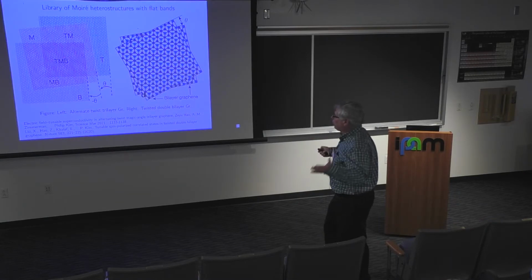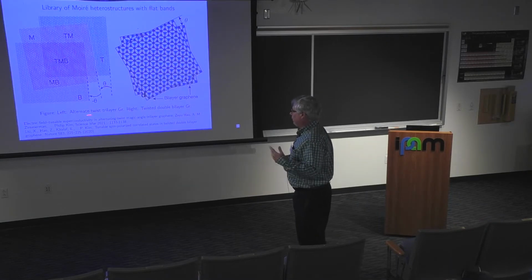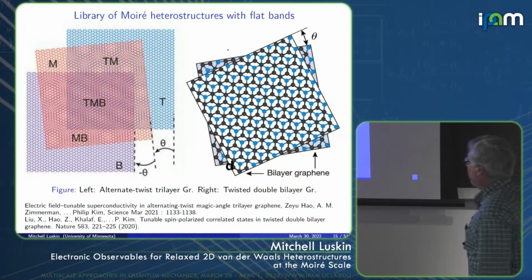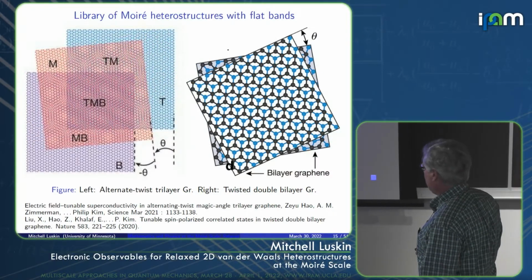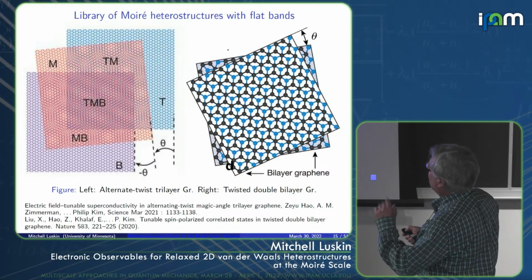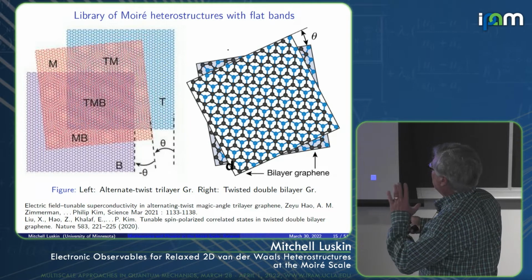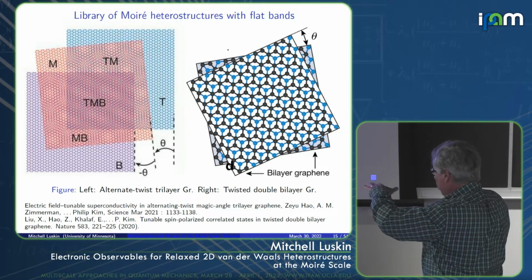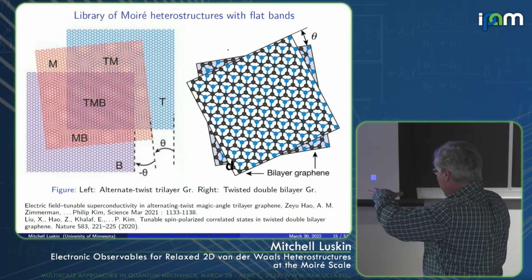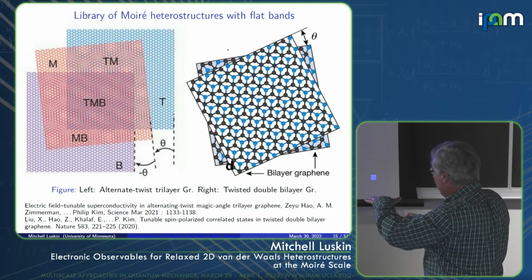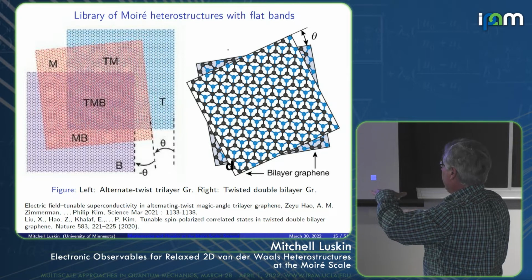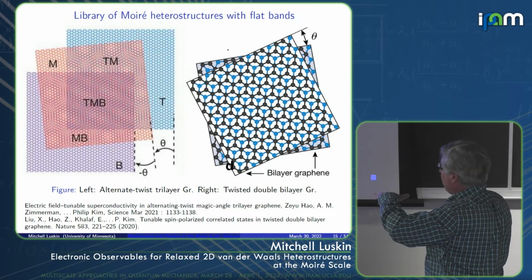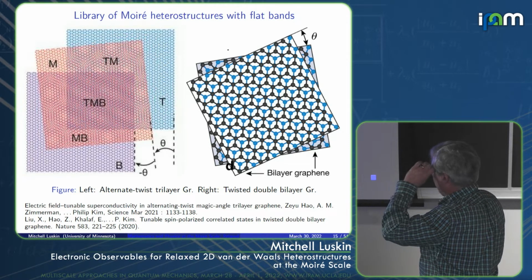Here are a few of the things that people have explored in experiment. You take the top, the bottom is your graphene, then you put a sandwich, twist it a little bit, and then you have another layer at the same angle. That's actually very easy to do, and people explored the band structure.